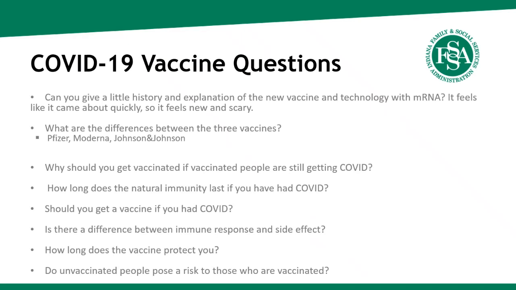The messenger RNA technique is a new technique to develop vaccines, but it's not brand new. It's not as new as people maybe feel like it is, over these last 2 years.